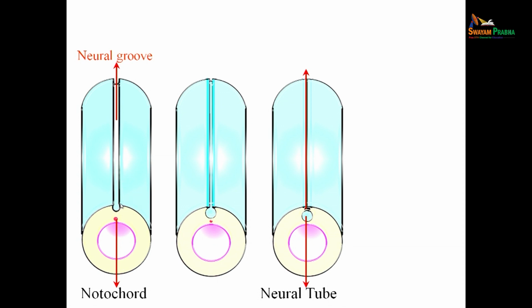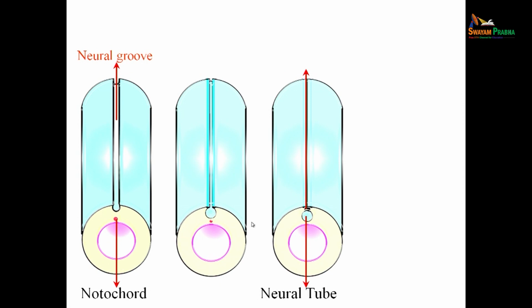After the formation of the neural groove, as development progresses, the neural groove will be deepening and the lateral folds, the ends of the neural groove, will be touching each other, and finally this groove will be converted into a tube. Once the tube is formed, the entire tube from this end to this end will be getting separated from the ectodermal region, and this gap will be filled by the ectodermal cells.